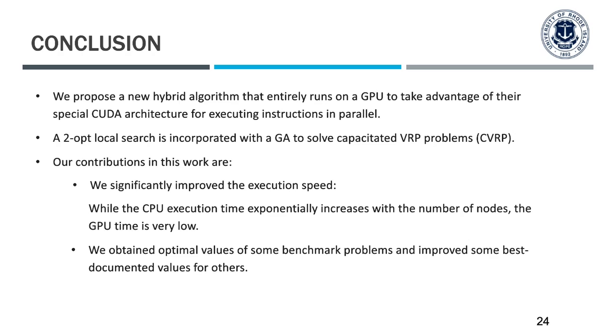Our contributions in this work are that we significantly improve the execution speed. While the CPU execution time exponentially increases with the number of nodes, the GPU time is very low. We also obtained optimal values of some benchmark problems and improved some best documented values for others.